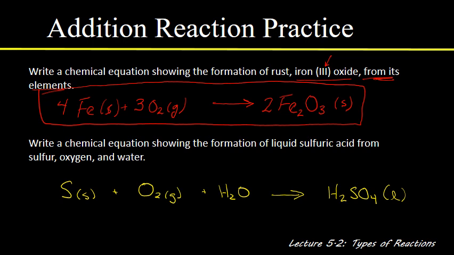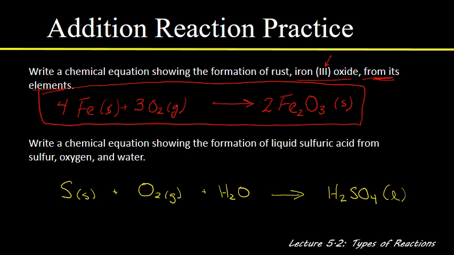Now, let's see. We've got more oxygens on the left than the right. Well, how about this? On the right, depending on what coefficient we put here, our number of oxygens is either going to be 4 or 8 or 12, something like that. But it's going to be an even number, right?